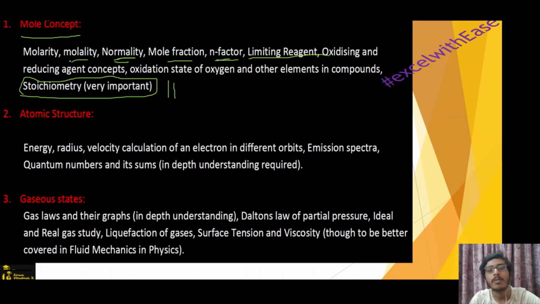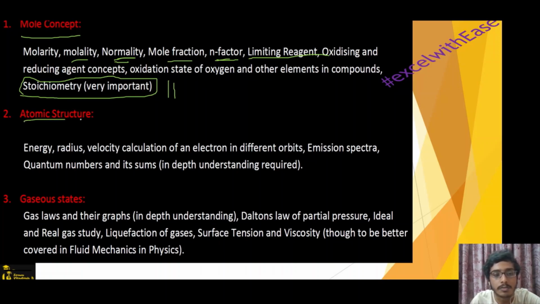Mainly you must know all the concentration terms, limiting reagent, and solving questions on stoichiometry and chemical equations. Apart from that, you must also have the concept of oxidizing and reducing agents, and how to find the oxidation state of any element from a given compound.